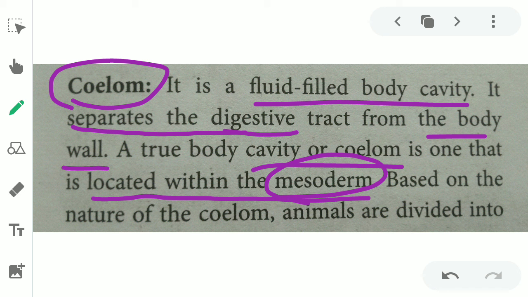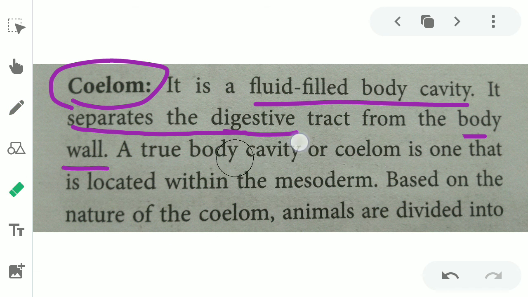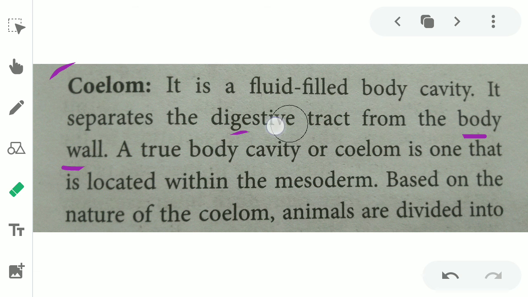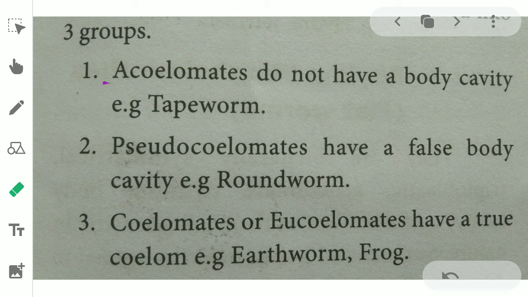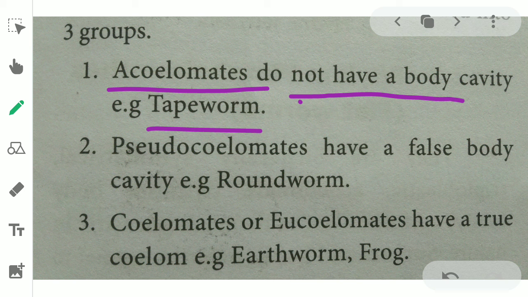Based on the nature of the coelom, the animals are divided into three groups. One is acoelomate. Acoelomate means the animal does not have a body cavity. Example, tapeworm. Next one, pseudocoelomate. Pseudo means false.